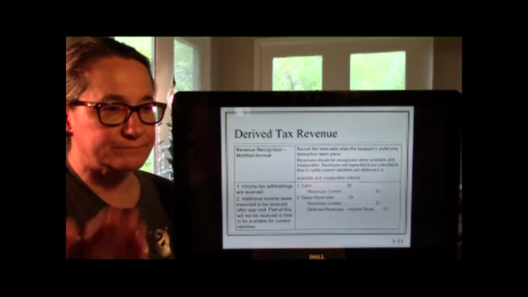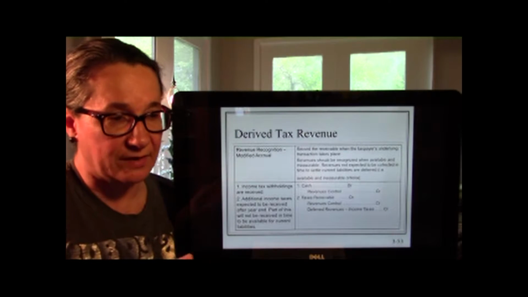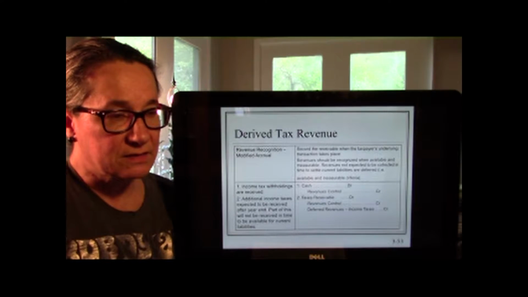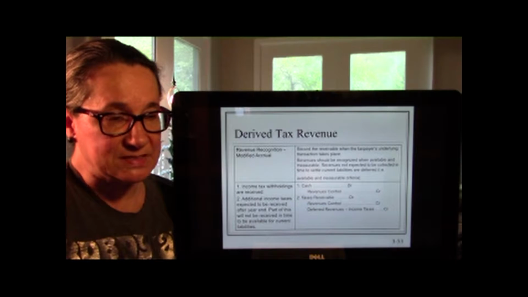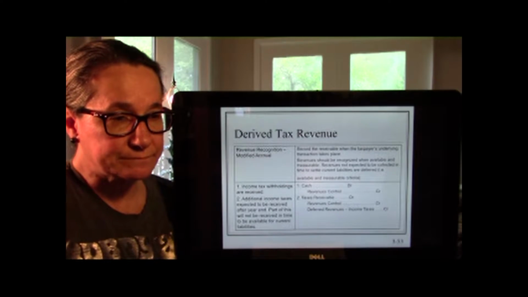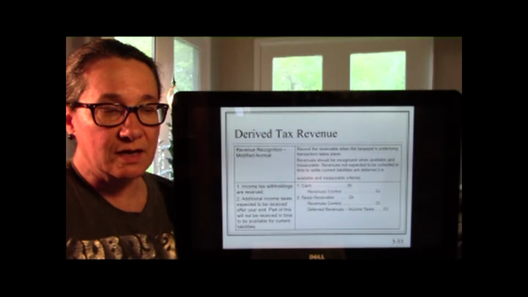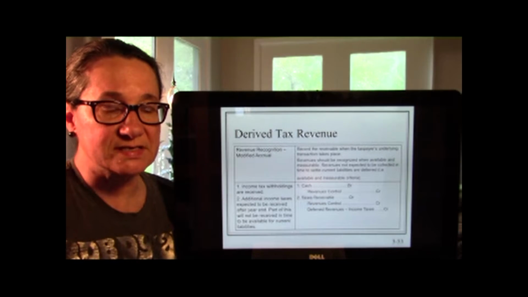Well, there's two things going on. Sometimes you're collecting it right away, and you put that down. But sometimes you're not going to collect it till after you can use it, right? Because revenue needs to be used to settle current liabilities.